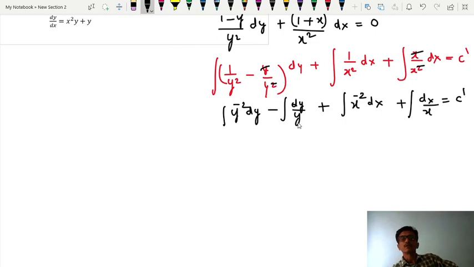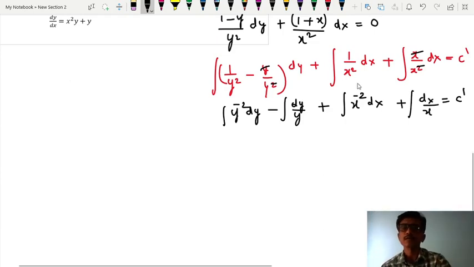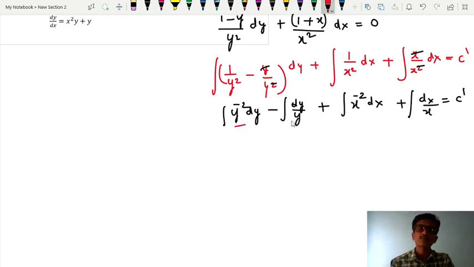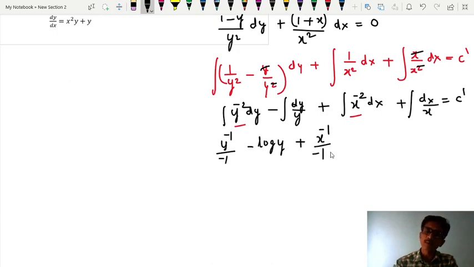Then integration of dy upon y is log y, integration of dx upon x is log x, and integration of y raised to power minus 2 is y raised to power minus 1 upon minus 1, and x raised to power minus 2 gives x raised to power minus 1 upon minus 1.